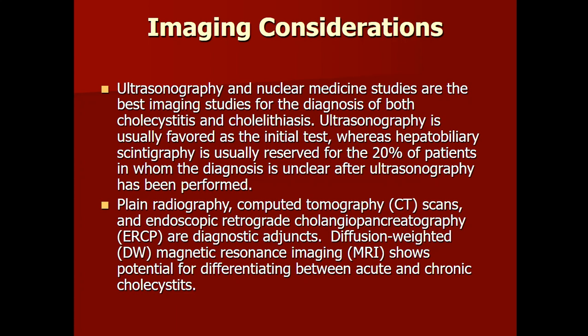Plain radiography, computed tomography scans, and endoscopic retrograde cholangiopancreatography, that's ERCP, are the diagnostic adjuncts. Diffusion-weighted magnetic resonance imaging, or MRI, shows potential for differentiation between acute and chronic cholecystitis.